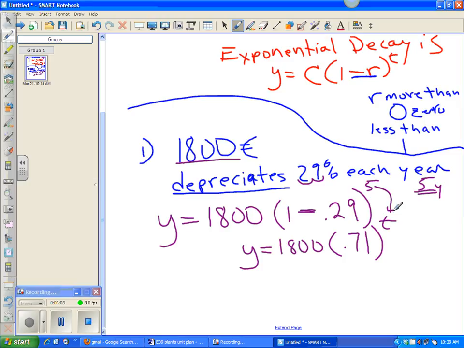You go 0.71 raised to the 5th, and that's going to give me 0.1804, a bunch of numbers, times 1,800, which gives me, after 5 years, my computer will only be worth 324 euros and 76 cents.